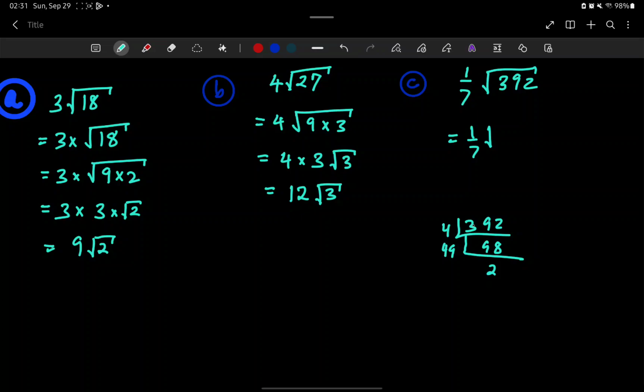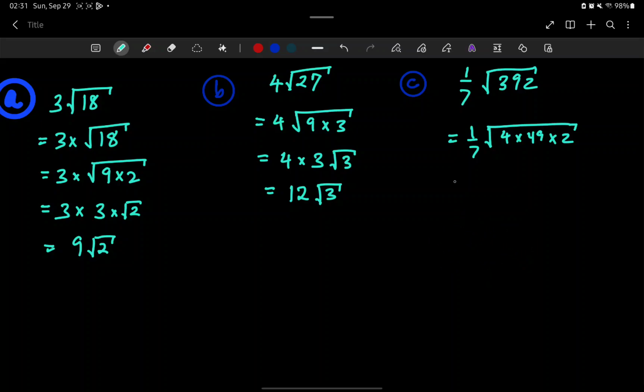So to get 392, this is the same thing as 2 times 49 times 4. So instead of writing 392, I can just write this as 4 times 49 times 2, and that's that.